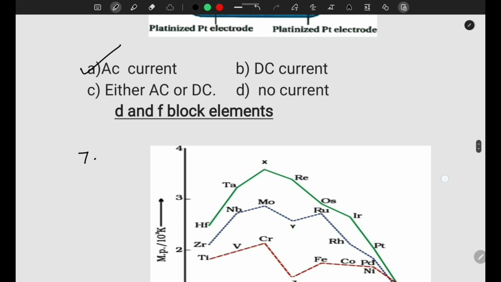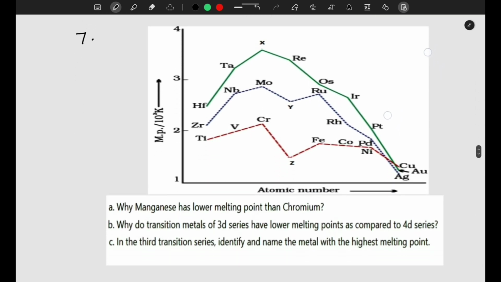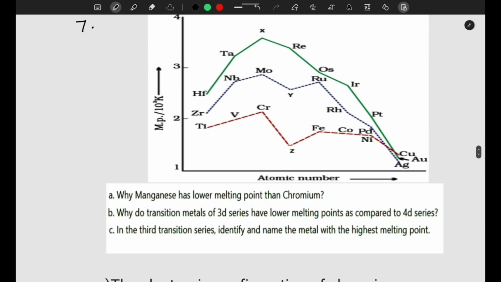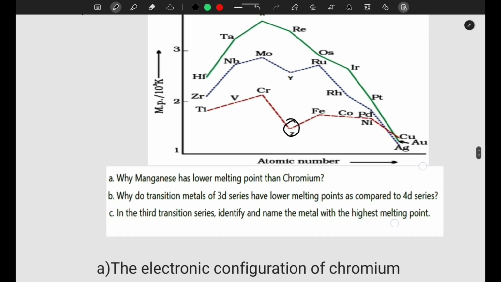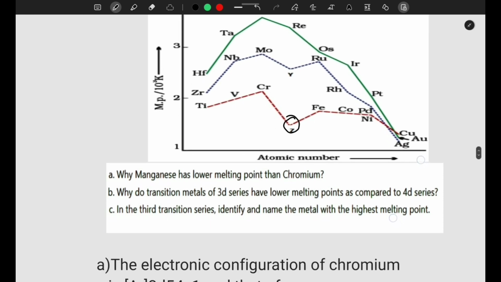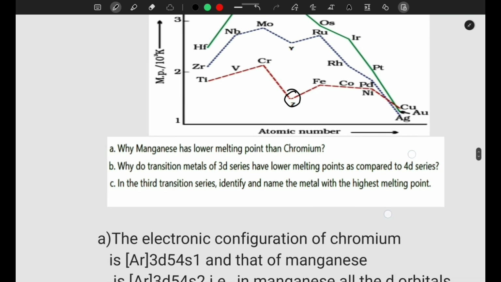Now, the next question is from D and F block elements. Based on the graph, why does manganese have lower melting point than chromium? We know the electronic configuration of manganese is 4s2 3d5, whereas the electronic configuration of chromium is 4s1 3d5.